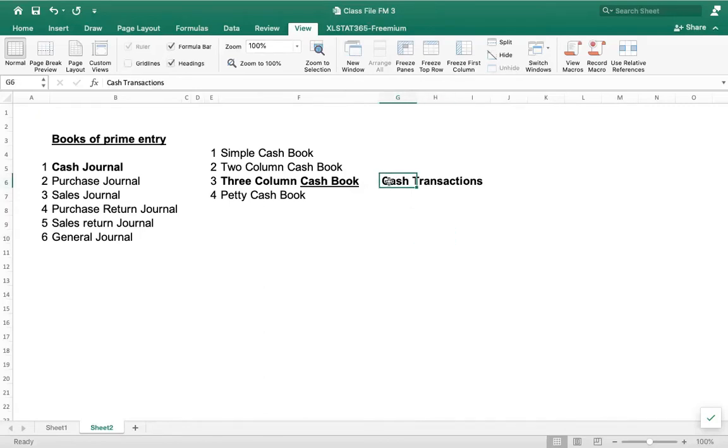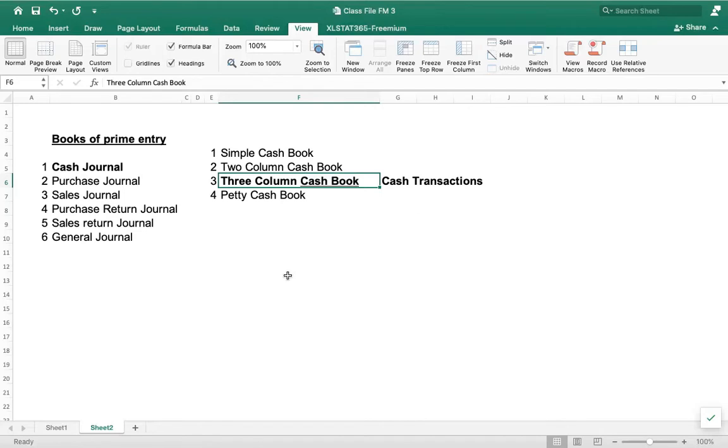Cash transactions means inflow of cash and outflow of cash, and it includes banking transactions also. If we are getting a check, that also we will record in cash book. And if we are giving a check to someone, that will also be recorded in 3 column cash book.